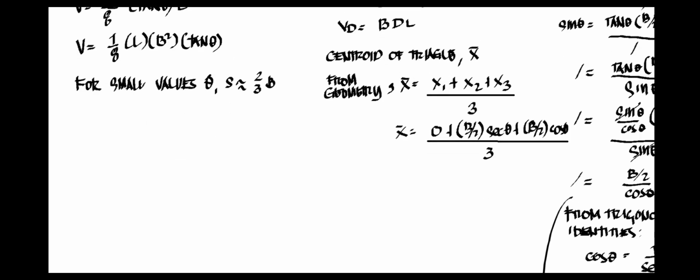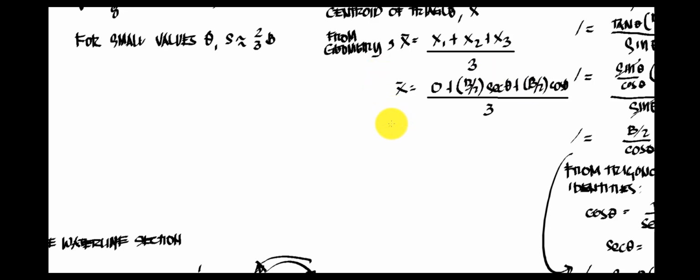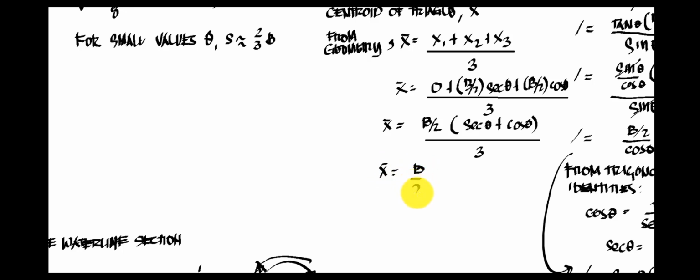Now we're going to factor out the common term from above, so we have your x bar here, that will be B over 2, then factor out secant theta plus cosine of theta, divided by 3. Let's combine this, so we have x bar equal to B over 2 multiplied by 1 over 3, then the secant theta.